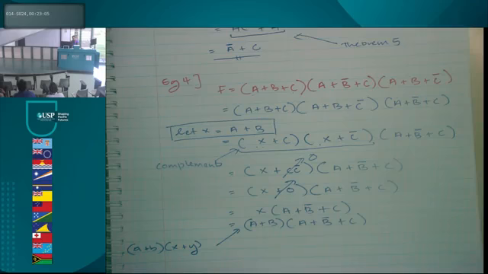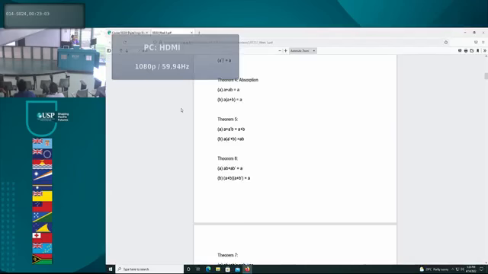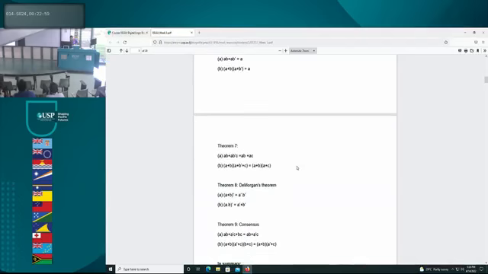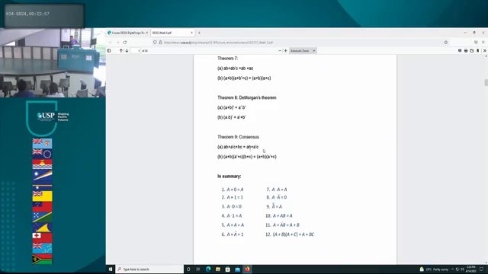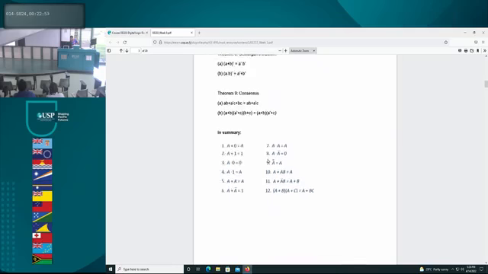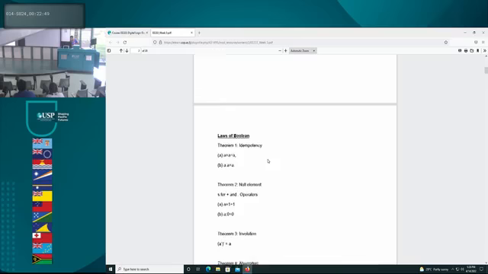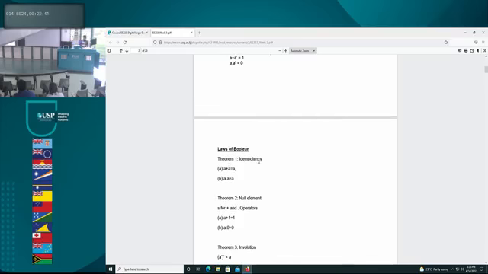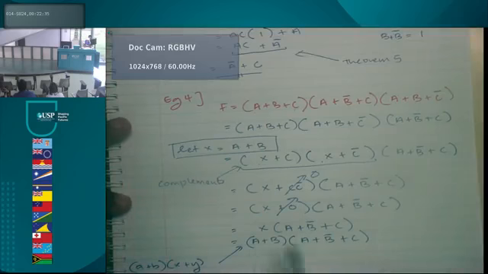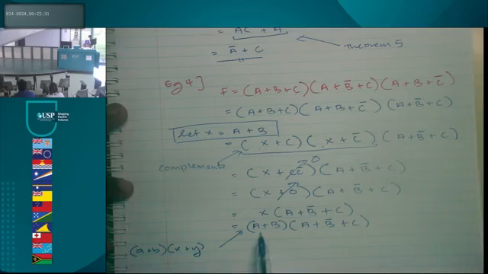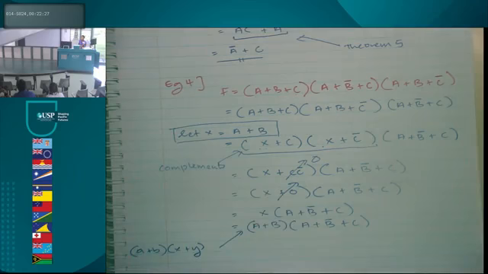I don't condense. This one? You're talking about this? Which theorem is that? This one? You mean here? Idempotency. So which place you want to use that? Here? Yeah.